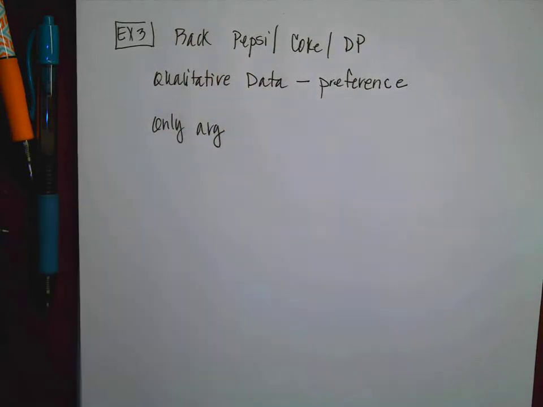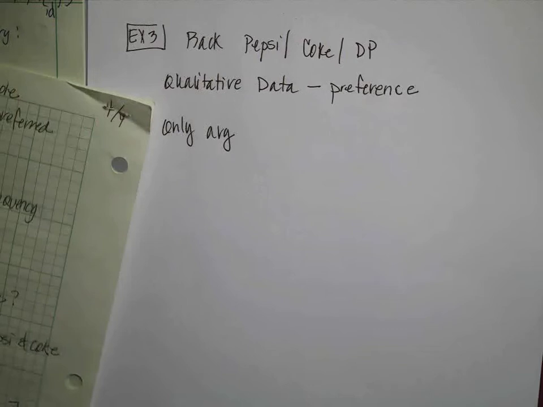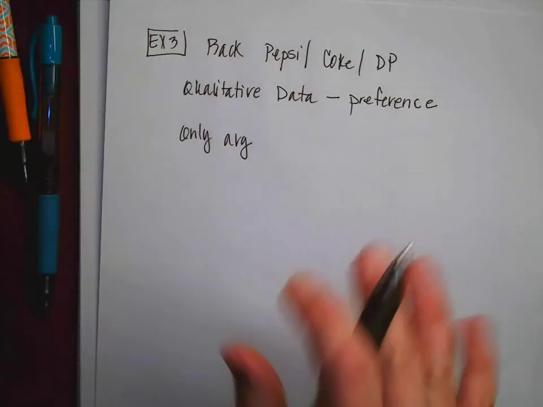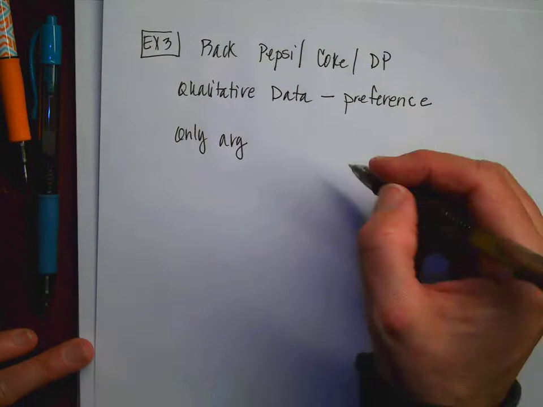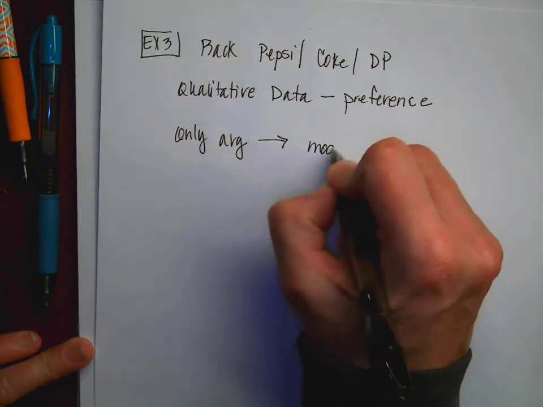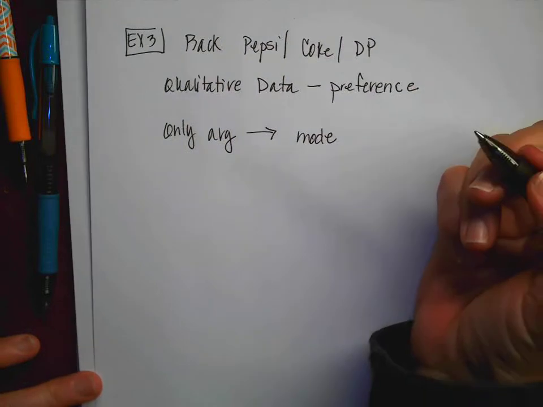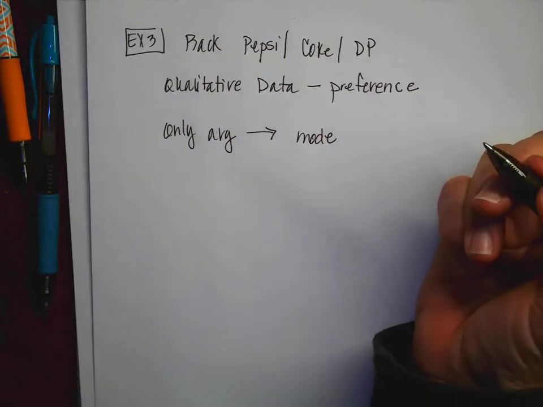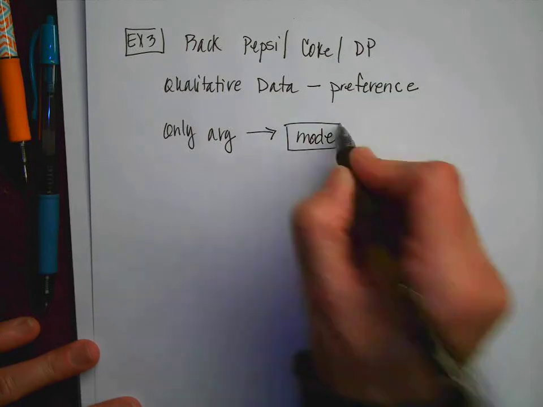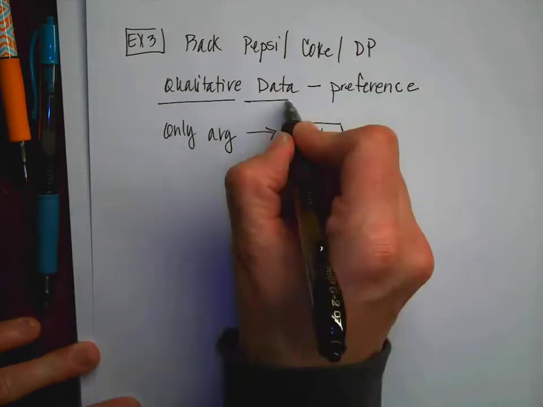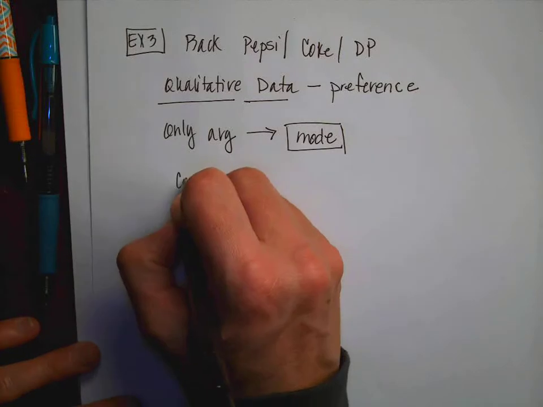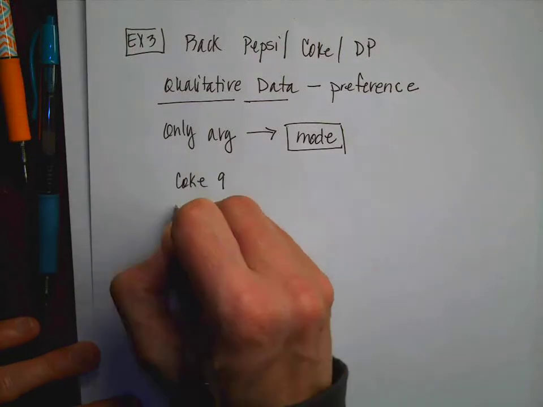So the only average that we can use, the only measure of center, is mode, because you can't take an average of opinion. That's a little bit weird. So the only average that's really effective in qualitative data, important to notice, is the mode.